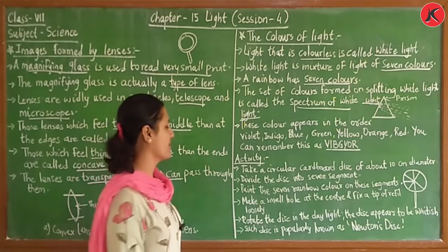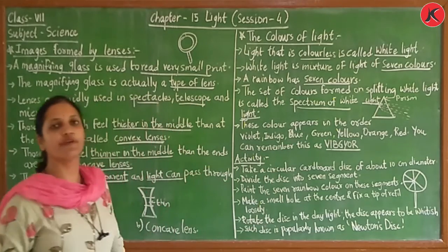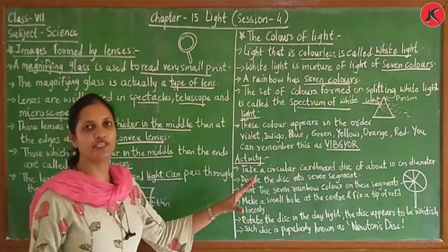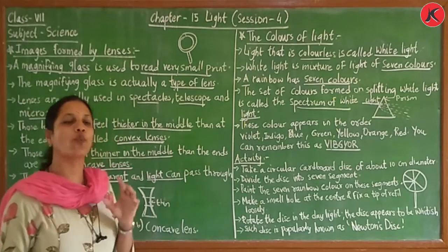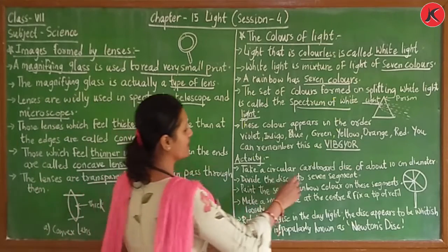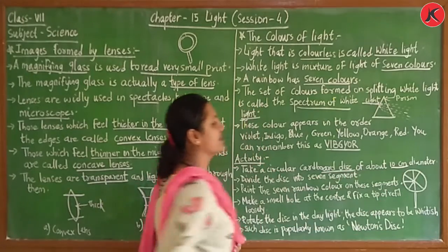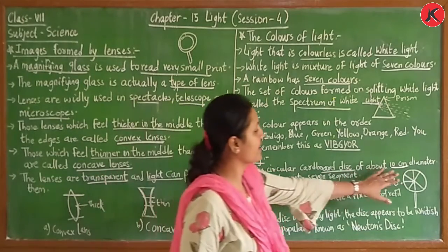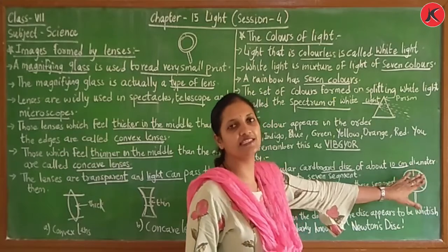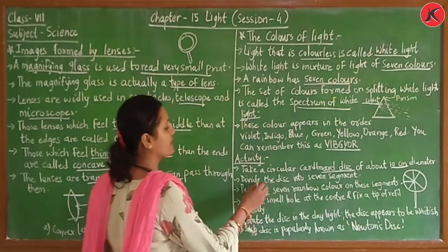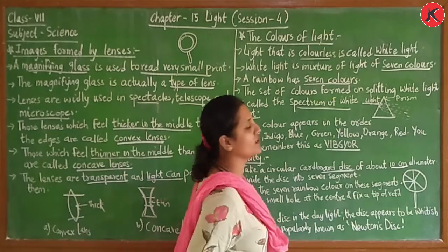That is VIBGYOR. Now related to this, we will prove with one activity that light is white color. Now take a circular cardboard disc of about 10 centimeter diameter. Now divide the disc into 7 equal segments.